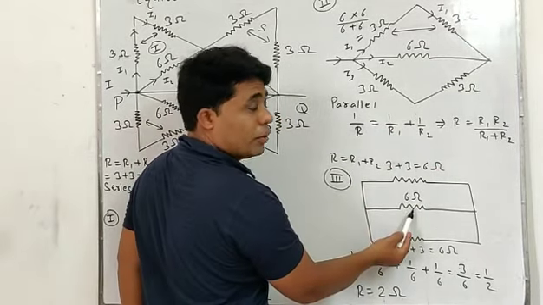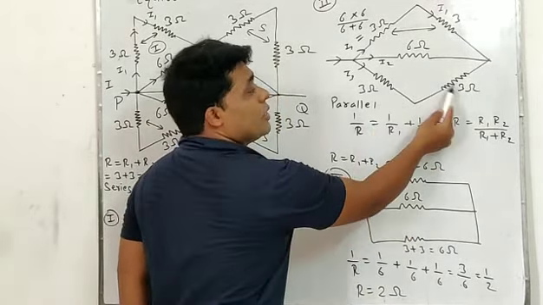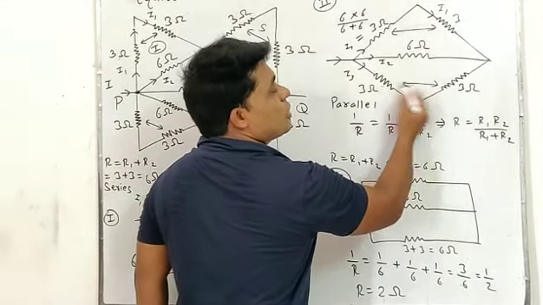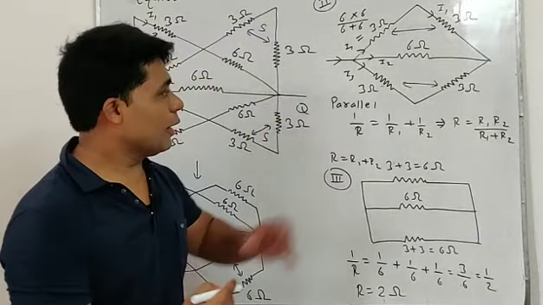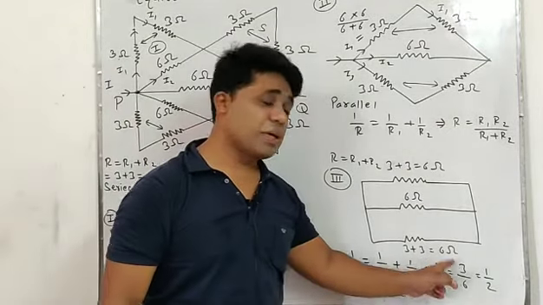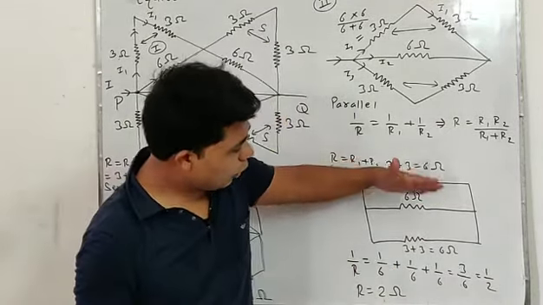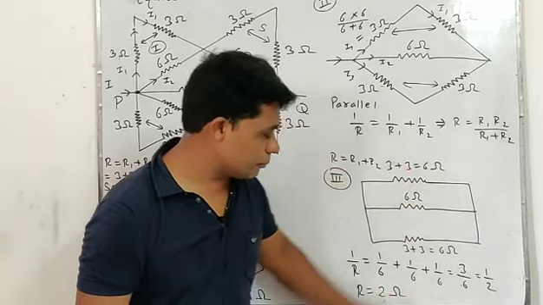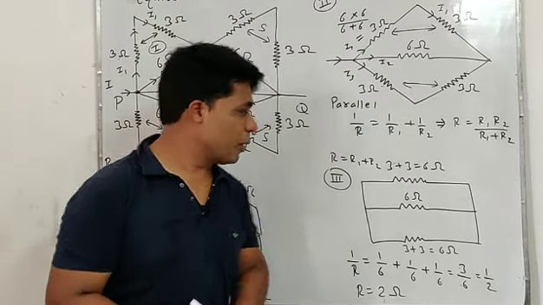This 6 ohm is in the middle, and again these two have the same current, I3 and I3, so again these two are in series, and 3 plus 3 becomes 6. And finally all three are in parallel: 6 ohm, 6 ohm and 6 ohm.